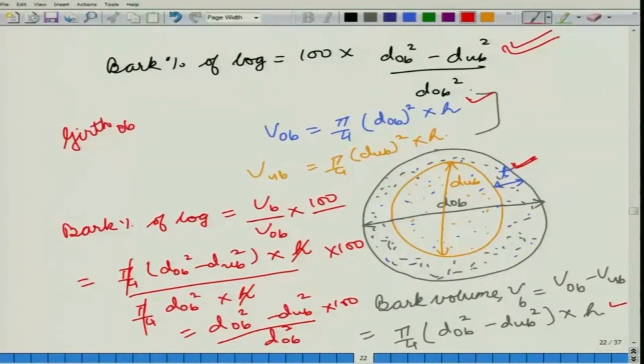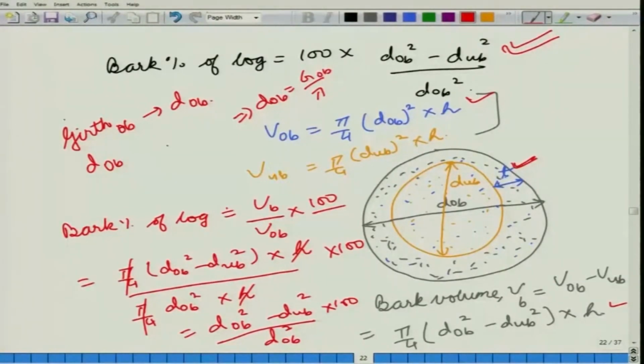If we are using a tape, we can very easily get the girth over bark, or we can also get the diameter over bark. If we want to measure the under bark diameter or its girth or its volume that we are more interested in, we can get it. From girth over bark you can get the diameter over bark. So, DOB is equal to G by pi.